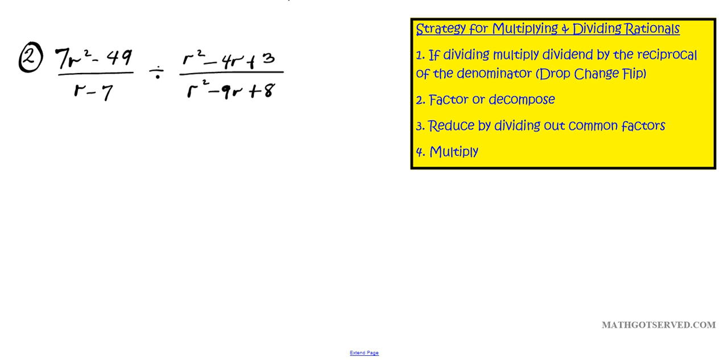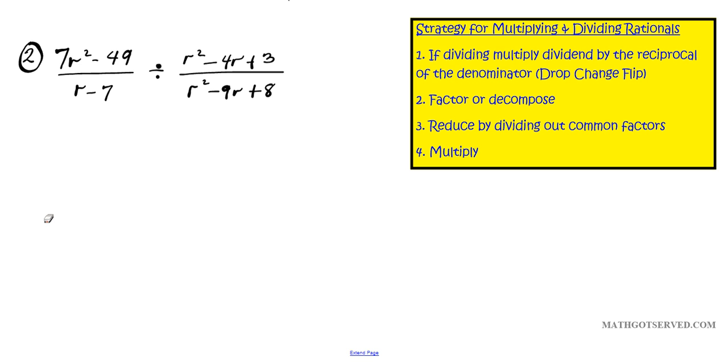All right, let's take a look at problem number 2. We are to find the constraints on this expression right here, and then we're to simplify completely. So let's go ahead and start out by finding the constraints.